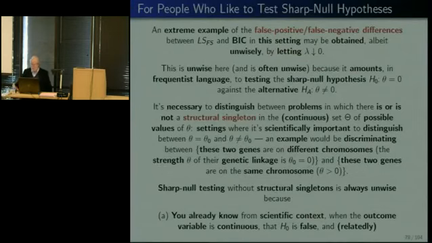Now, for people who like to test sharp null hypotheses, and I've tried to argue that almost all the time that's a silly thing to do, I do need to show you what happens. Simple as opposed to composite, yes. When I talk about a sharp null, I mean theta exactly equal to some singleton on the real number line.